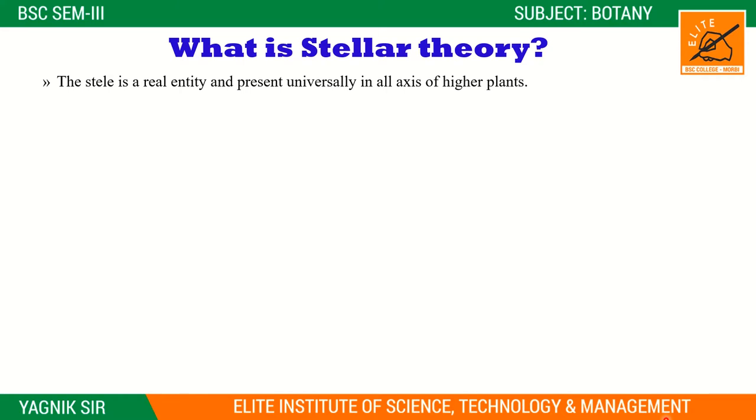Actually, the stele holds the conducting tissue, right? Because xylem and phloem are present in the stele, and the main function of the xylem is water conduction, right? It conducts water, absorbs it and transports it to the other parts of the plant, right?